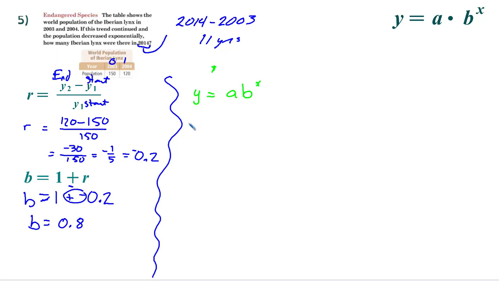My y would be that 120. Our a is what we'll be looking for. And that is to the first power. And so go ahead and simplify what we can simplify. 8/10 times a. Then we would divide by 8/10. And that gives you a is equal to that 150.